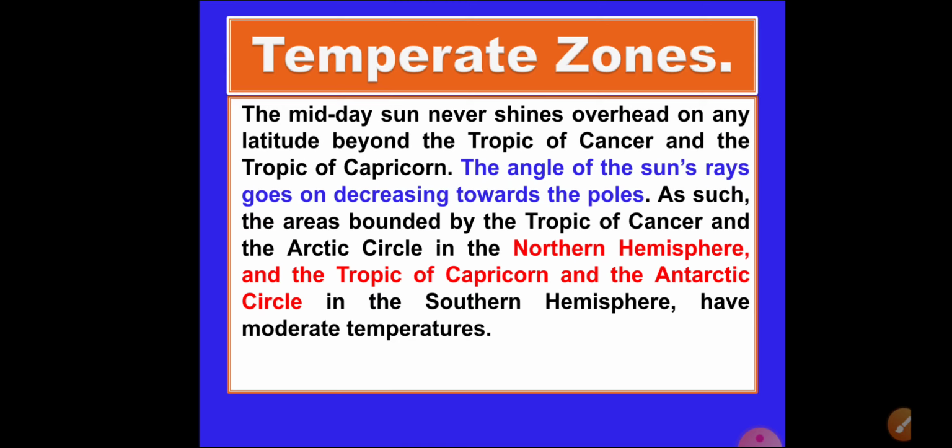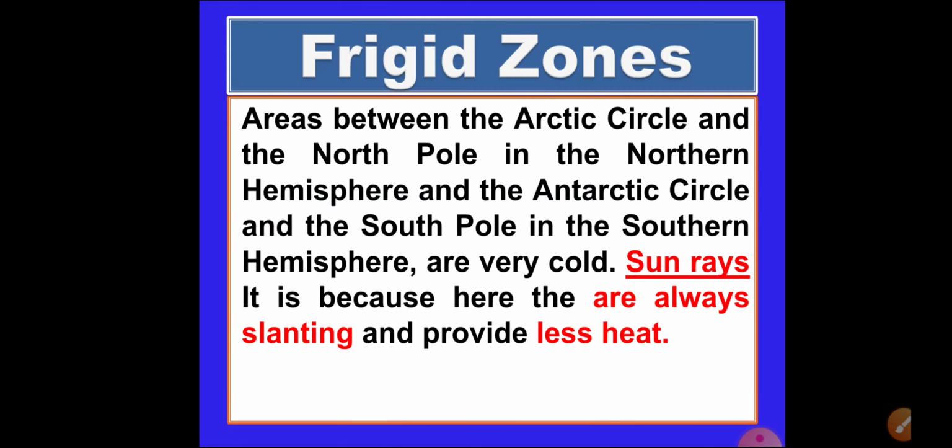The reason is that the angle of the sun rays goes on decreasing towards the pole. As such, areas bounded by the Tropic of Cancer and the Arctic Circle in the northern hemisphere, and the Tropic of Capricorn and Antarctic Circle in the southern hemisphere, have moderate temperature. These are called temperate zones.